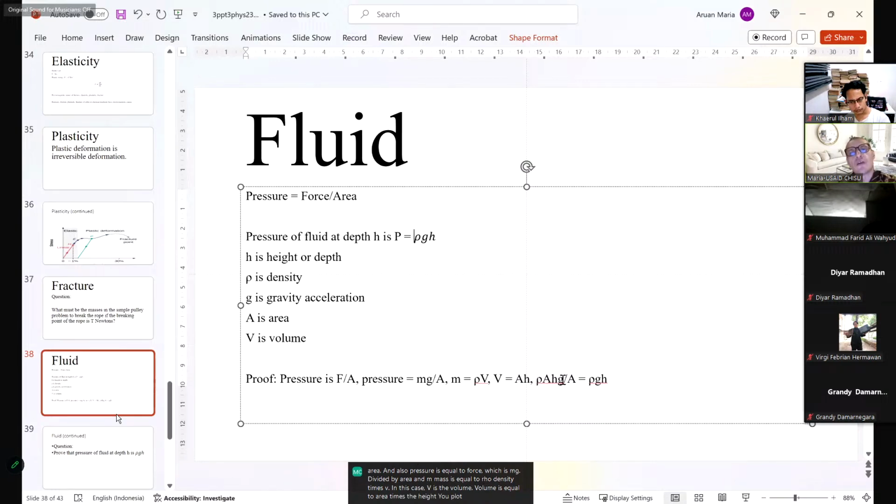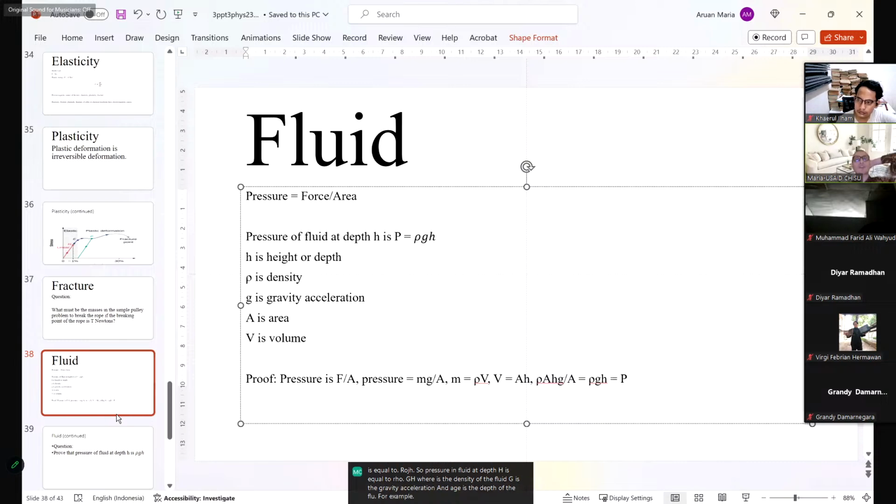You plug all the letters in, you cancel out the area, and indeed you have that pressure is equal to rho gh. So pressure in a fluid at depth h is equal to rho gh, where rho is the density of the fluid, g is the gravity acceleration, and h is the depth of the fluid.